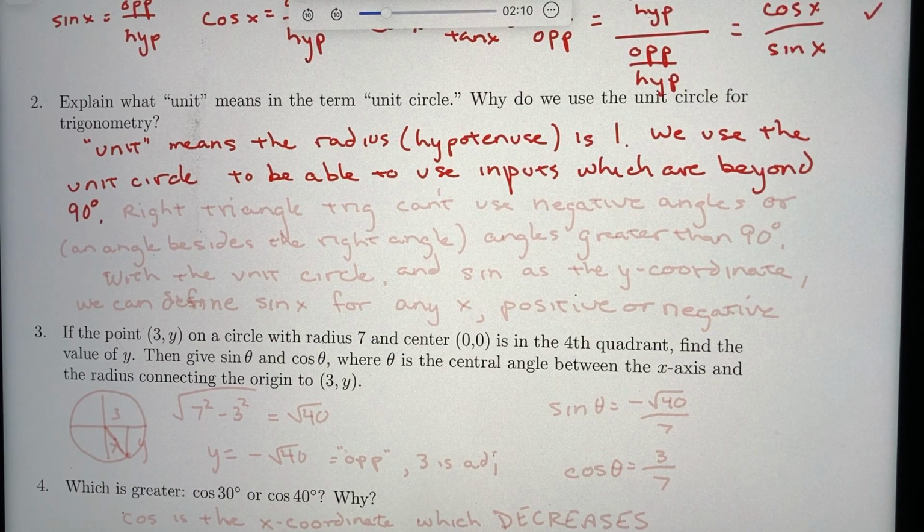Okay, so a right triangle trig can't deal with negative angles, and it can't deal with a right angle and another angle that's more than 90 degrees. Let me try and write that down.